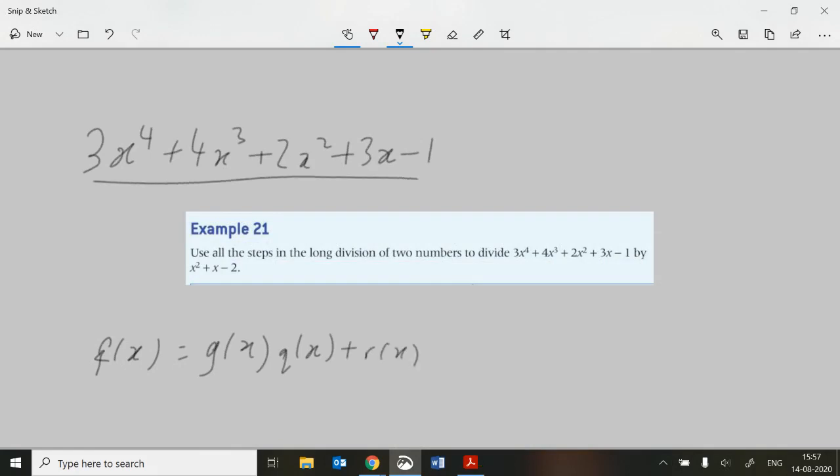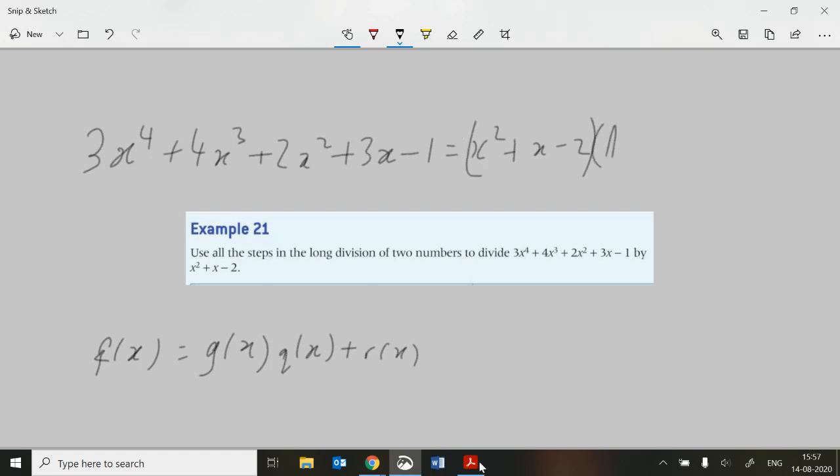Now, what you can do is take this f of x and set it equal to g of x, which is the divisor again, so this thing here. So this is an alternative method. If you don't like what we've just done there, it's another one which we could practice. Times q of x. Now, q of x is our quotient, and we definitely need an x squared times an x squared to give us x to the 4.